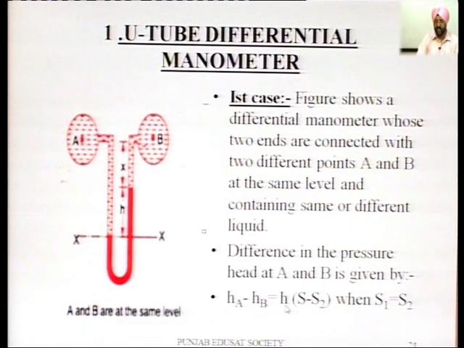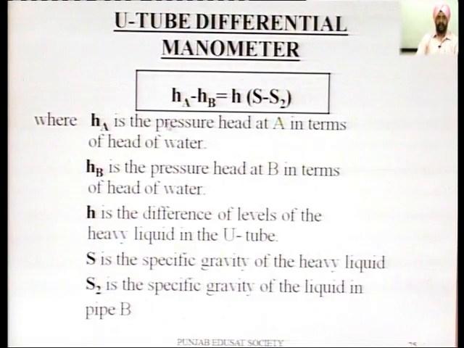And what is H here? It is this height, the difference between this level and this XX section level. This is H. So this is the first case. What these abbreviations are indicating: HA, it is the pressure head at A in terms of head of water.